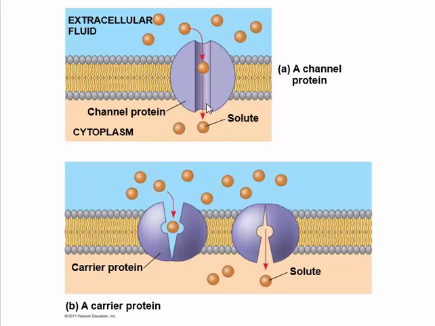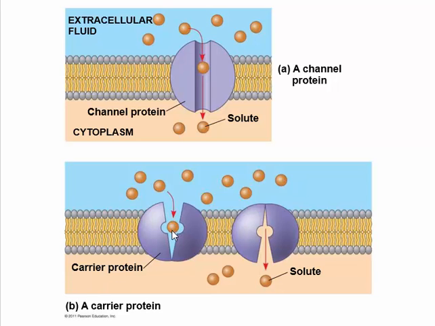This internal part of the channel is typically hydrophilic, whereas these parts that are interacting with the cell membrane are hydrophobic. And the channel may have a certain width or size that is size selective, but for the most part, whatever can fit through that channel is going to pass and go down its concentration gradient, whether that's into or out of the cell. A carrier protein is a little bit different.